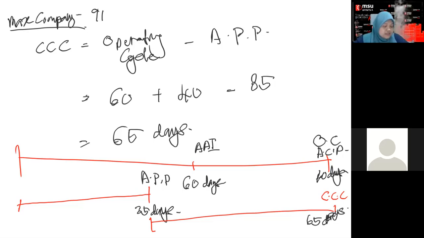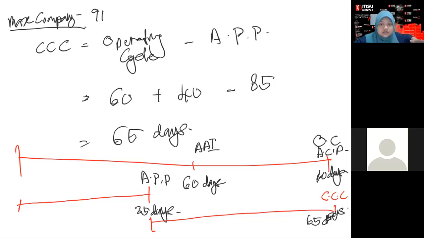Then they inform us that there are sales of 10 million, cost of goods sold is 75% of sales, and purchases are 65% of cost of goods sold. So the second question is to calculate the resource invested.